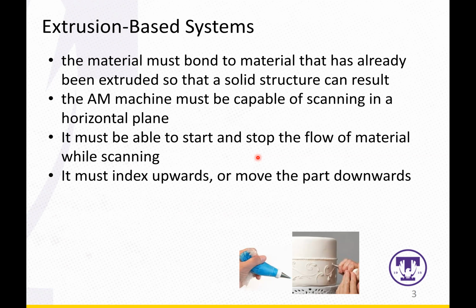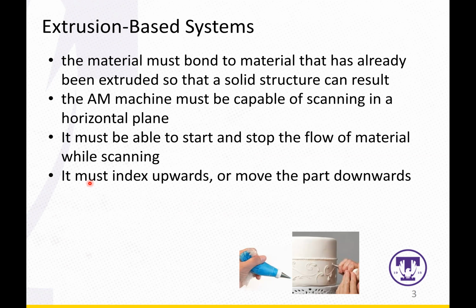So we discussed a little bit about the tool path generation. And also it must be able to start and stop the flow of the material while scanning. Because when you finish one layer, you need to move your nozzle upwards, right? And then start another scan. So in the control system or the mechanical system of the additive manufacturing machine, this must be achieved, right?